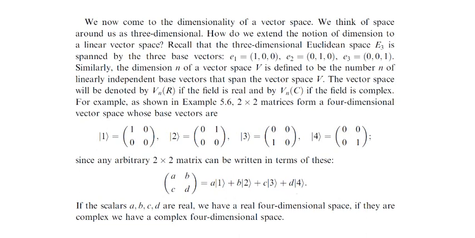Now, if the scalars A, B, C and D are real, we have a real four-dimensional space, whereas if they are complex, you have a complex four-dimensional space. So I hope the concept of linear dependence, linear independence and base vectors as well as dimensionality of vector space is quite clear.